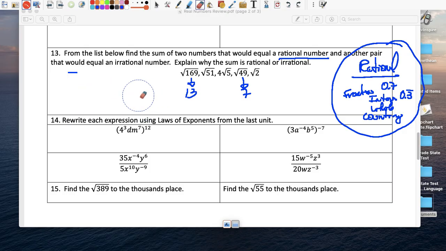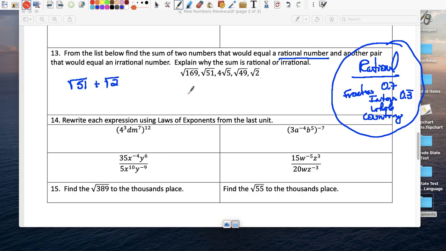And then it's asking you to pick 2 and explain why it would be irrational. Well, it doesn't matter which one we pick. One of them has to be irrational. So either you pick 2 irrationals, like the square root of 51 plus the square root of 2. It's an irrational plus an irrational.